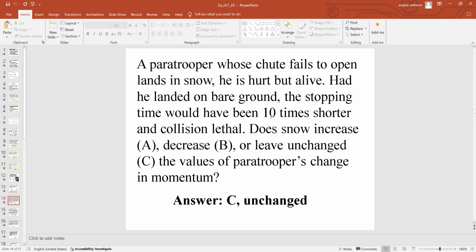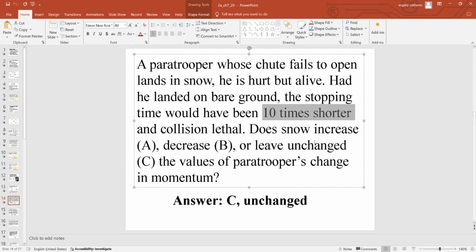We say that the time is 10 times shorter for the ground, and force would be stronger. So less time, much more force, and that's why the paratrooper would have been dead. Compared to landing in snow, it's 10 times longer time, and the force is less. That's why the paratrooper survives.